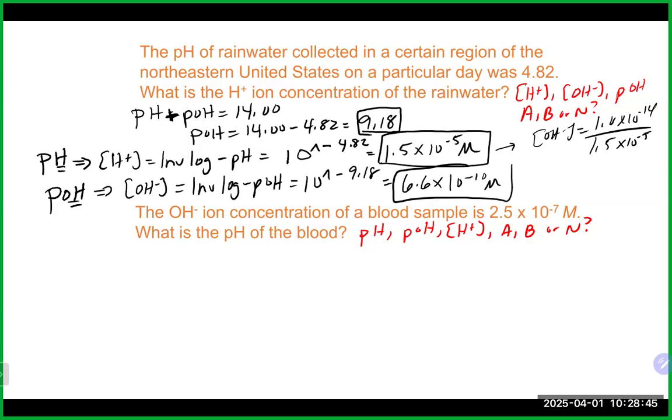And again, if you took the KW route, you really should end up with the same number, maybe slightly off with the rounding, but pretty much the same number if you did KW as well. Maybe you get 6.7 with the rounding if you did some rounding along the way there. At this point, we also want to know, is it acidic, basic, or neutral?